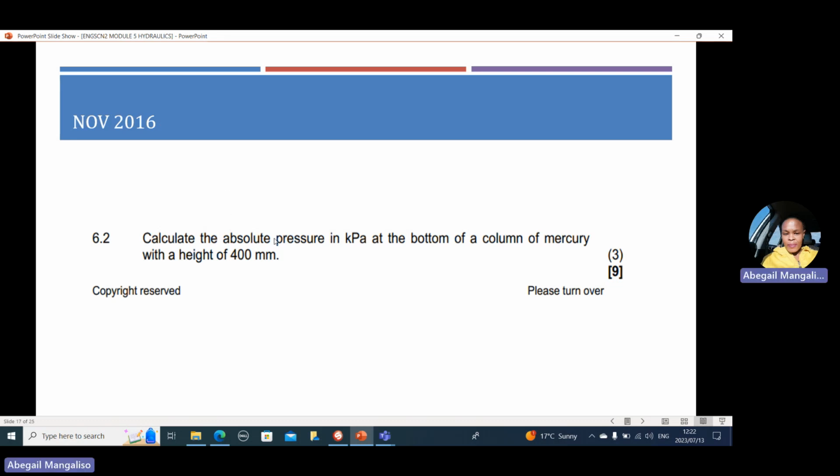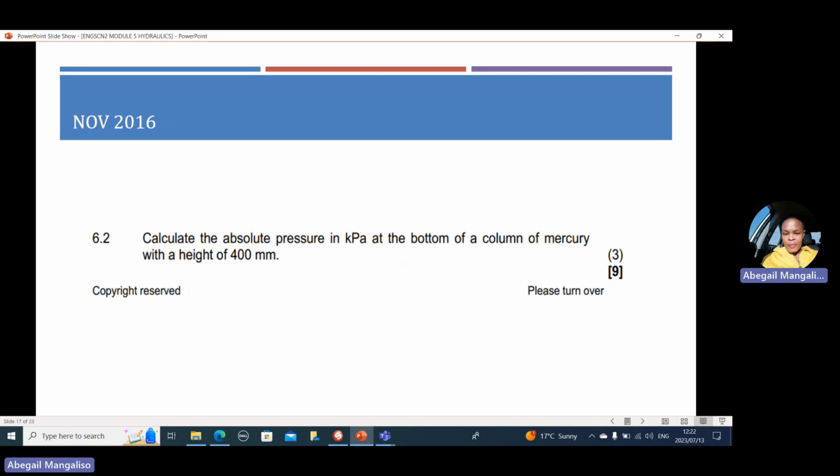Last example, calculate the absolute pressure in kilopascals at the bottom of a column of mercury with a height of 400 millimeters. In kilopascals. I like this question.